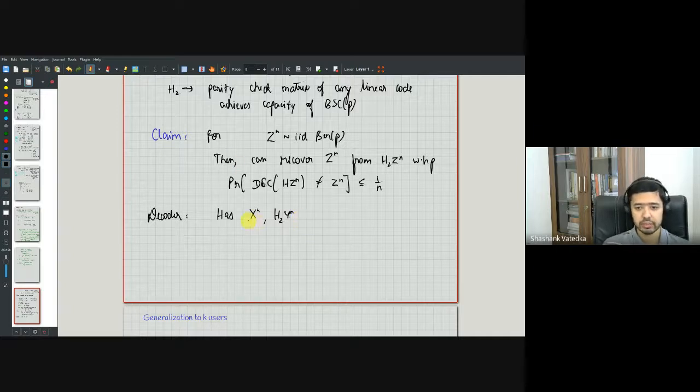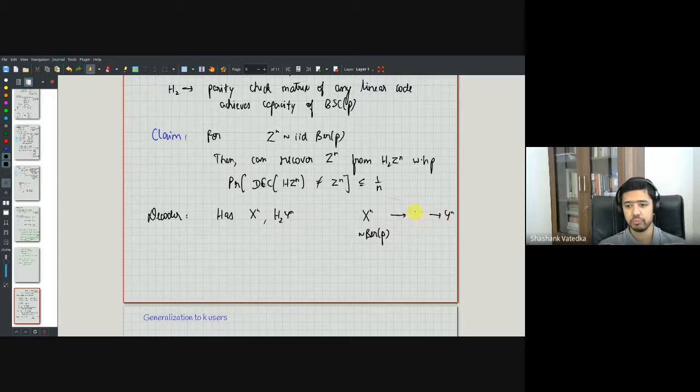We've already recovered xn, but now we can also recover yn using a basic trick. The basic trick is that the BSC can be viewed as follows. You have xn, you pass this through a BSC p and you get yn.